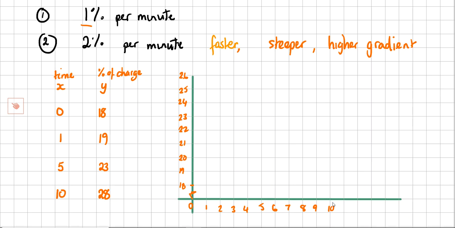Okay, so what will it look like if I plot those points? It's going to be 0, 18. It's going to be 1 and 19, 2 and 20, 3 and 21. So it's going to look like this.